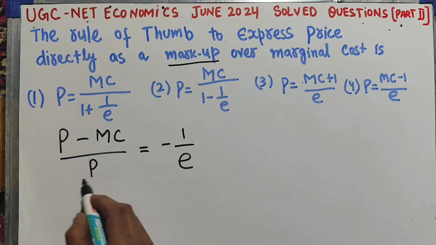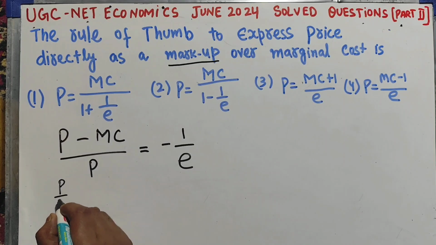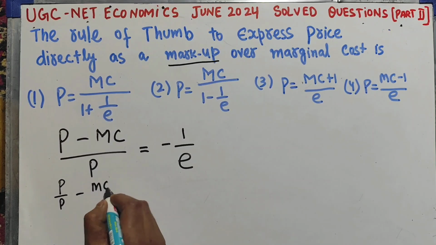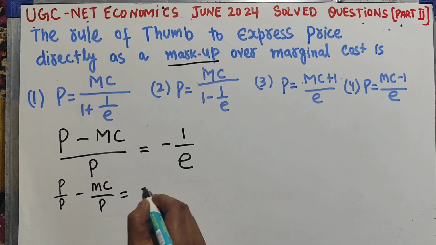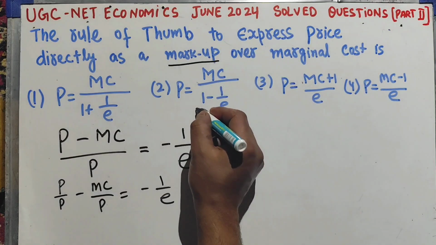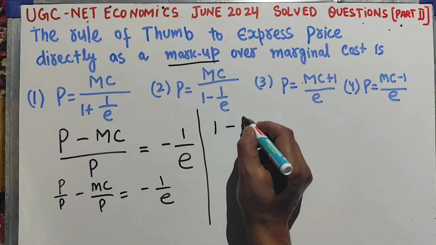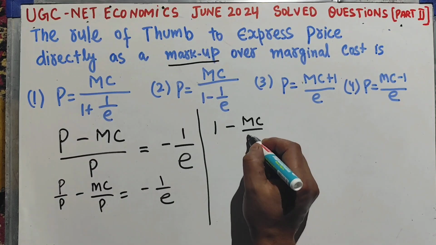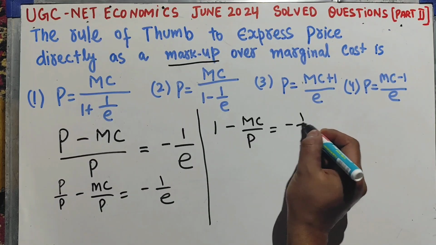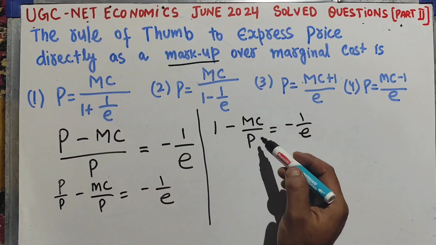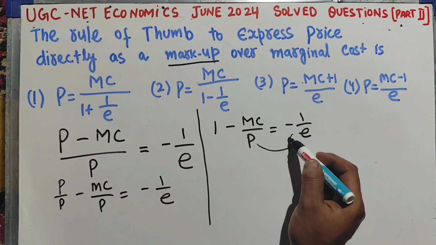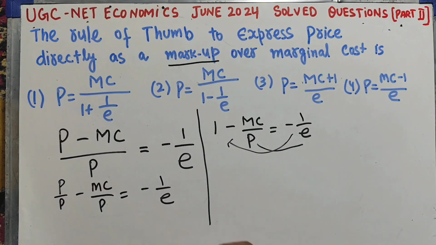So expanding this, we have P upon P minus MC upon P is equal to minus 1 upon E. So P upon P is 1, minus MC, that is marginal cost upon price, is equal to minus 1 upon E. Transposing this term here and that term there, the signs will change.